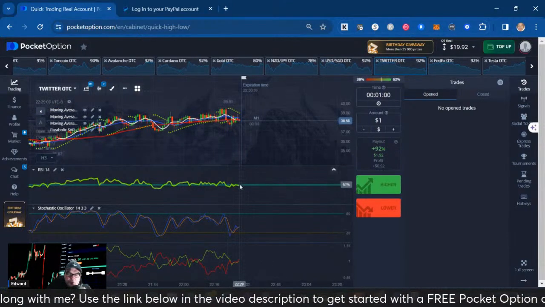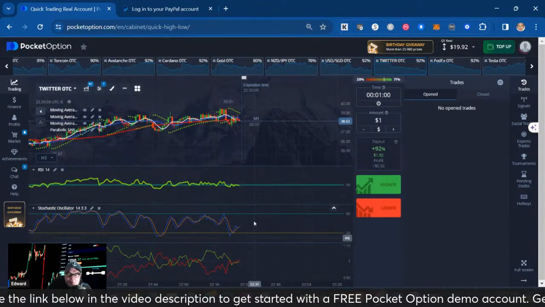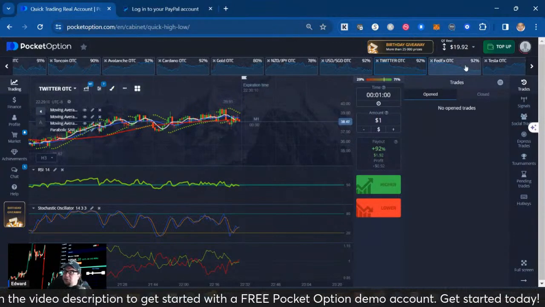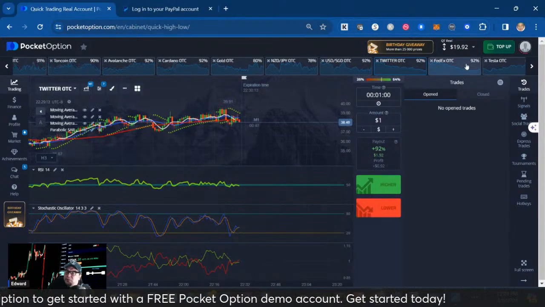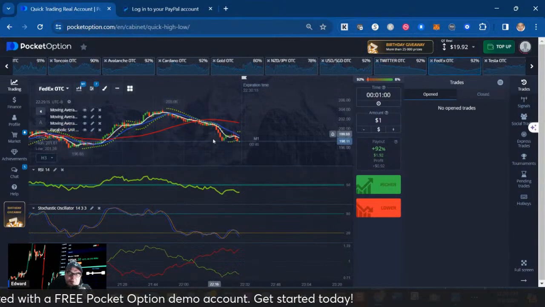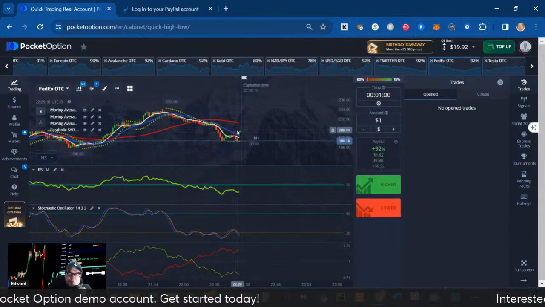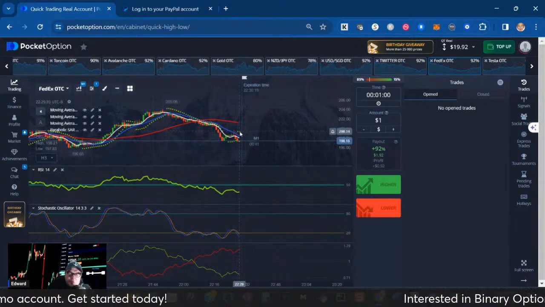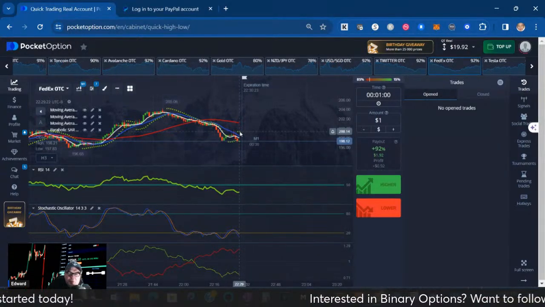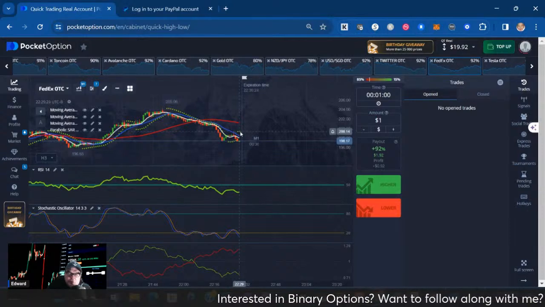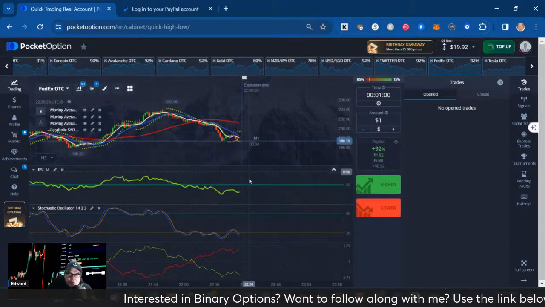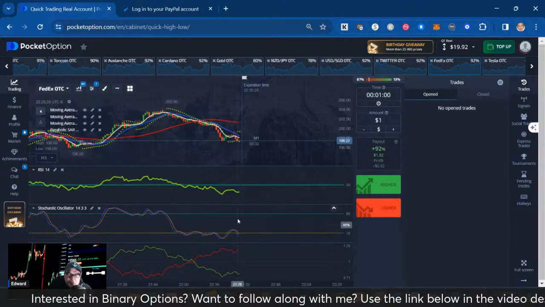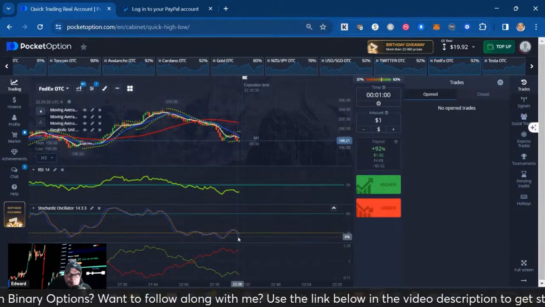All right, so downward trend. It's showing up, but I'm not really liking it. Everything is just too close together. Here we go. The Parabolic SAR is actually showing down for 2 different candles. I think this might be temporary.